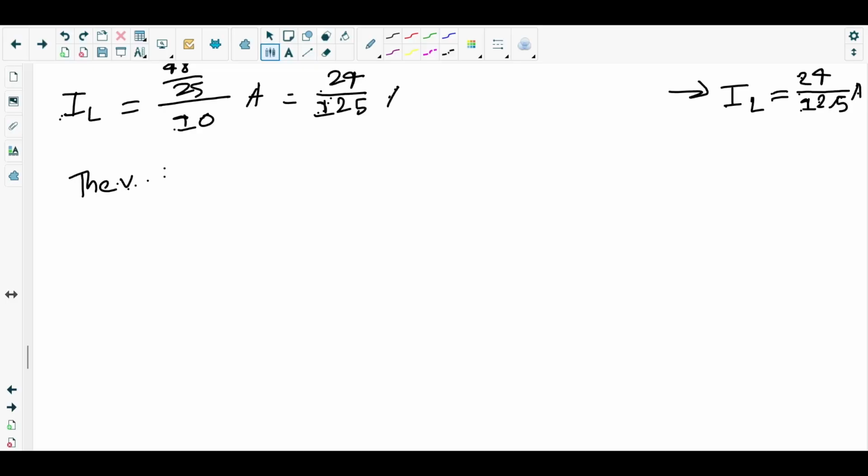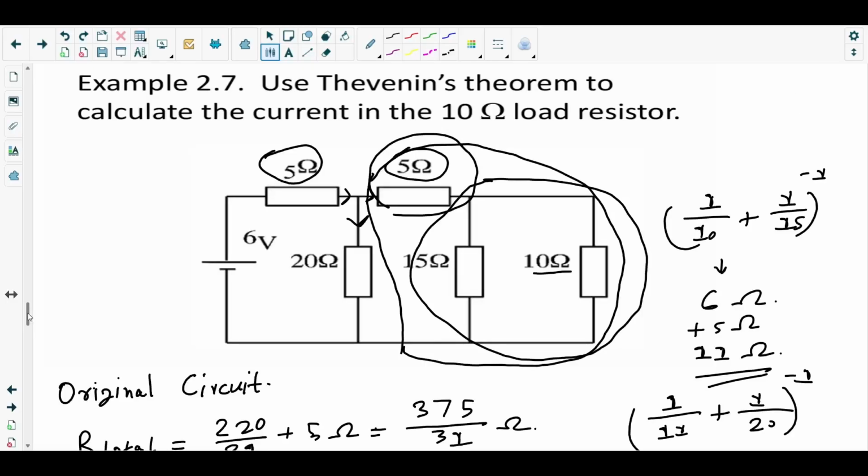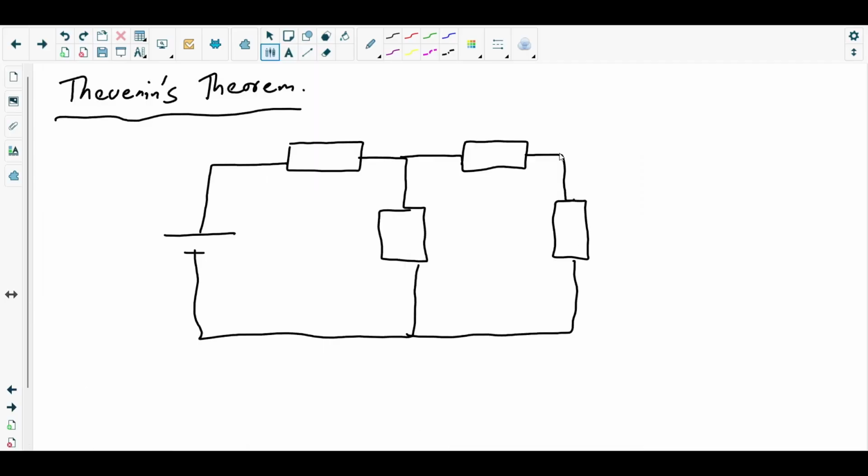Five ohm, 20 ohm, 5, 15, 5, 20, 5, 15. And that terminal will be now open, right?